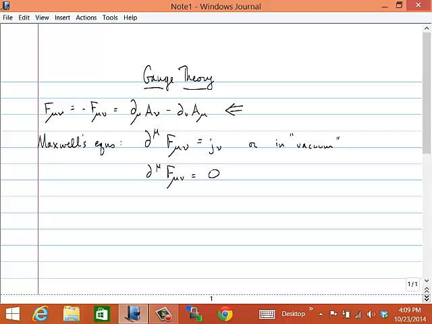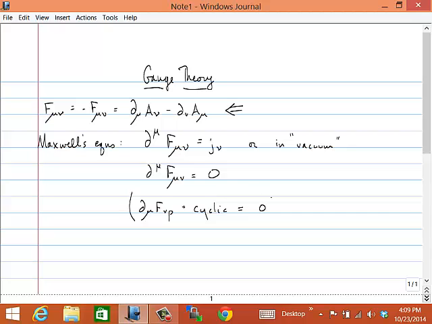Okay. So that's one of Maxwell's equations, and the other Maxwell equation follows directly from the definition of F as a derivative of A, and that's the statement that the derivative of F plus various cyclic permutations is equal to 0. Okay.